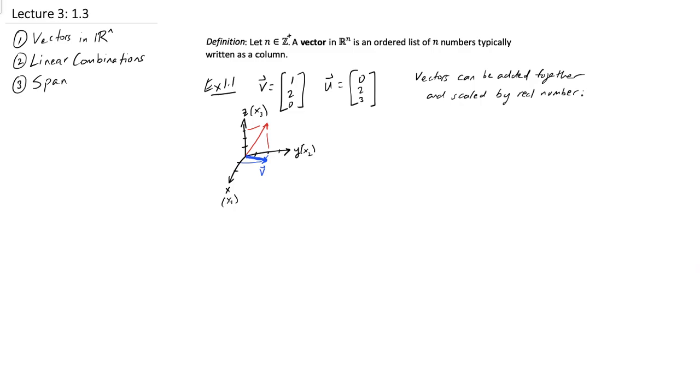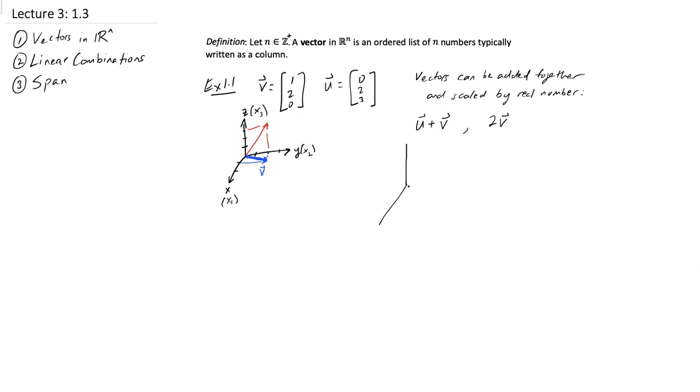And I assume most of us have seen this happen. So let's look at u plus v, and let's consider 2v. So let's see what happens to these vectors when we scale them and add them.